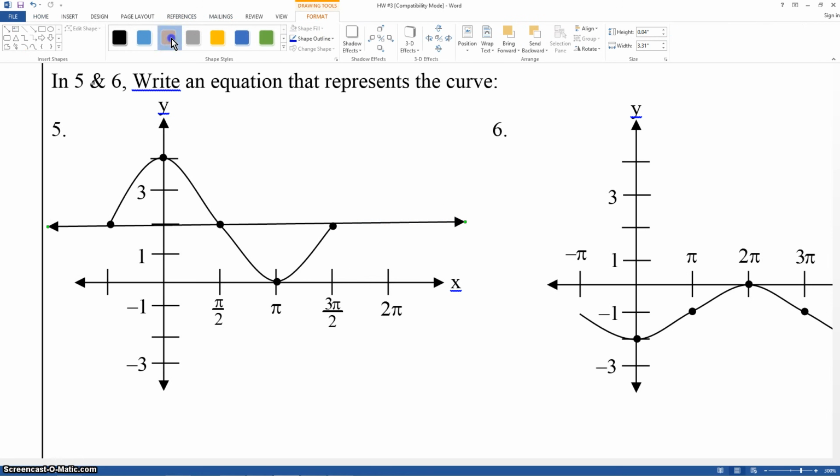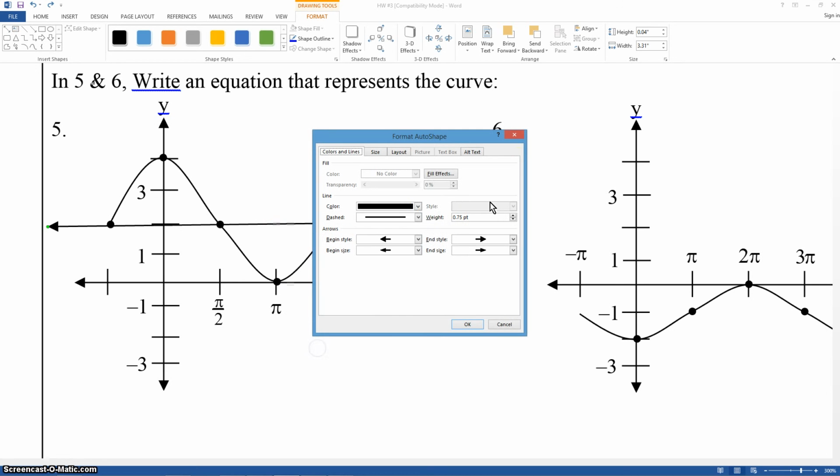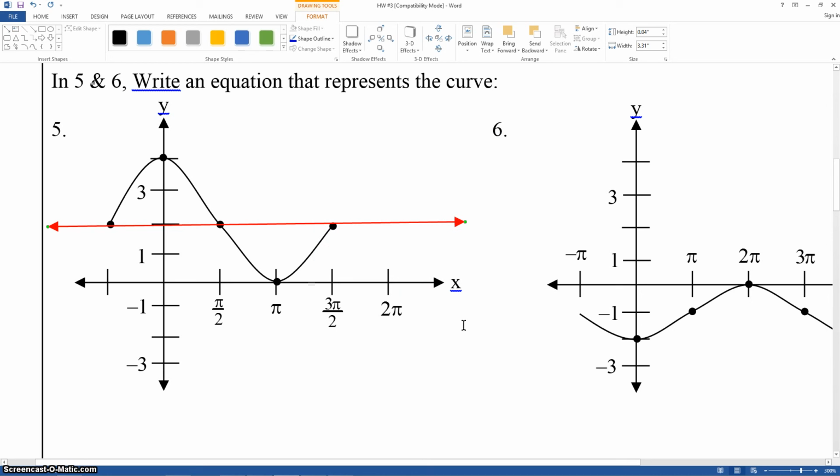And let me change it to a different color for y'all. Alright, there we go. That is the middle of it, right?